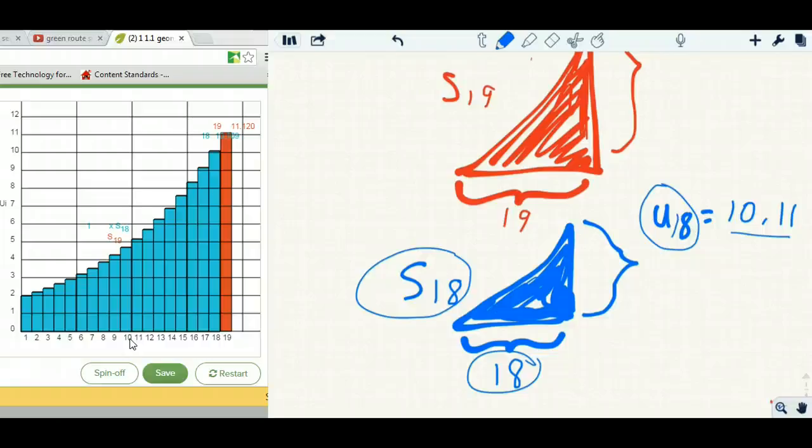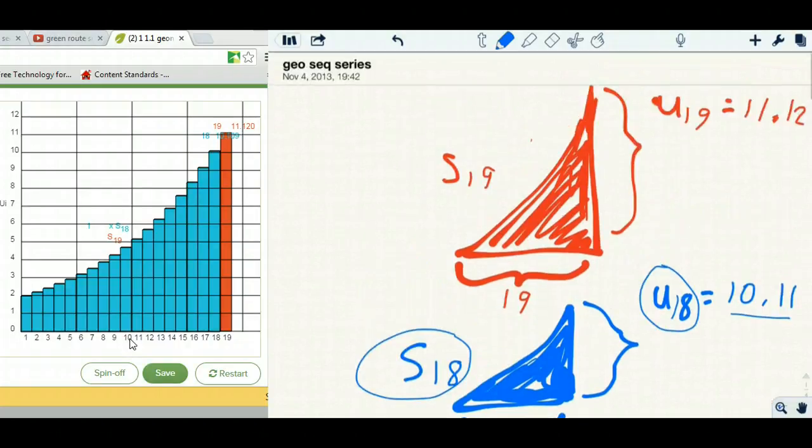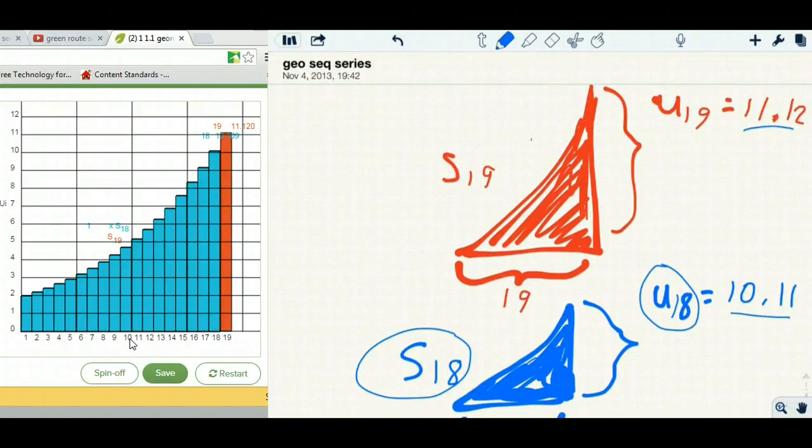The 19th day sticks out from behind the 18th day, and it rises up to a height of 11.12. We on purpose figured out how far he would run on the 19th day just so that we could use this trick. You don't have to understand why we did that yet, but it's important for the trick. You'll see why later.